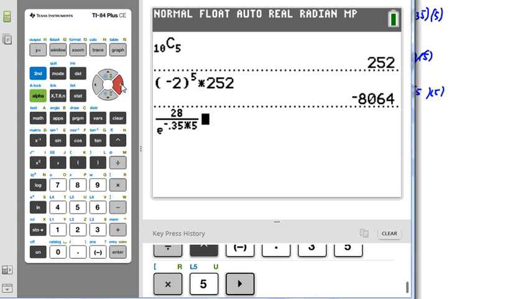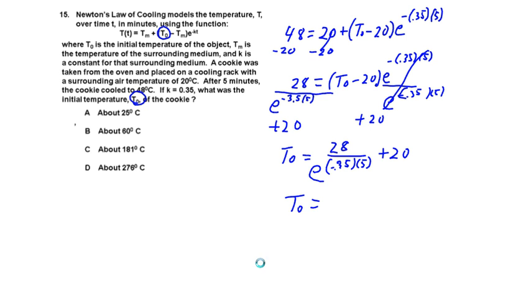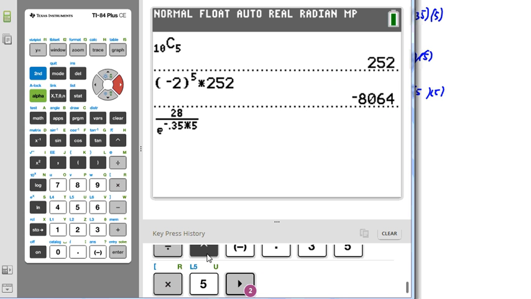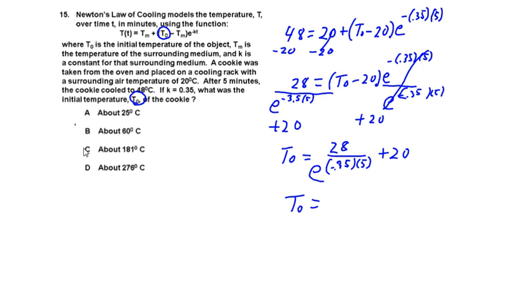And let's make sure we get this right. It's going to be plus 20. And we get 181.1 degrees. So it looks to be answer choice C.